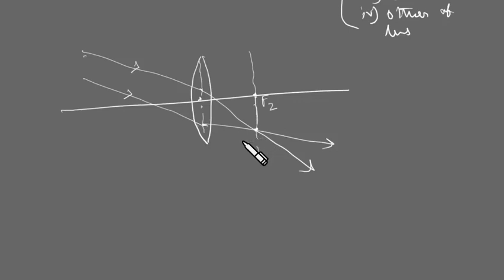This point must lie on a plane which also contains the focus. This will be a plane perpendicular to the principal axis, and the second principal focus will also lie on that same plane. Such a plane is called the focal plane.